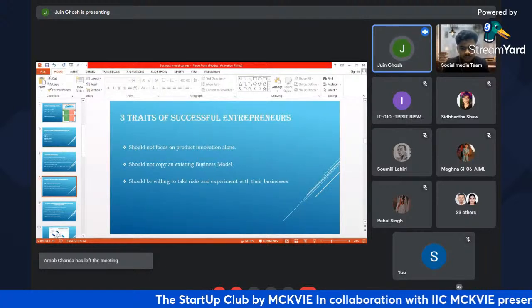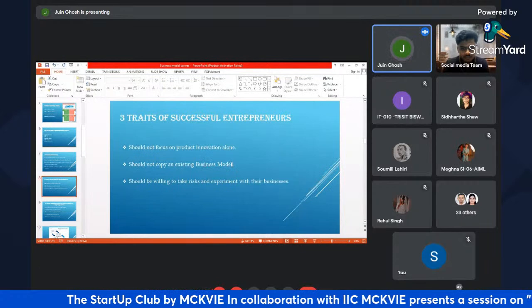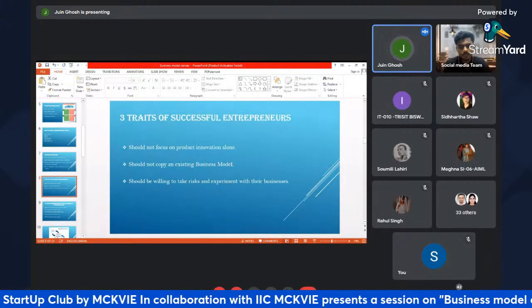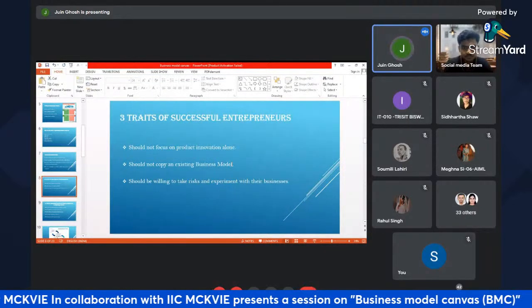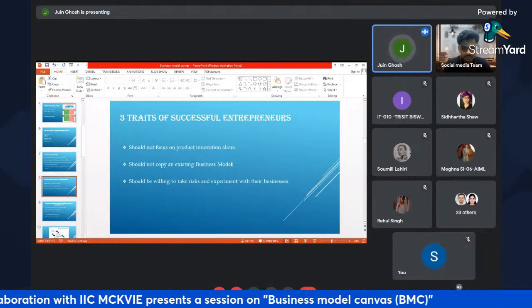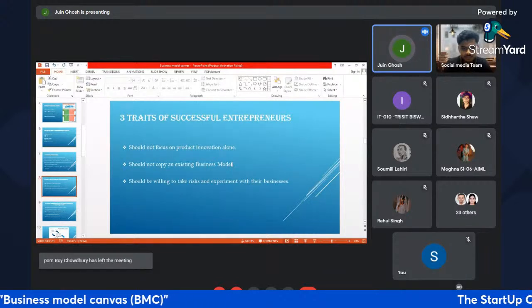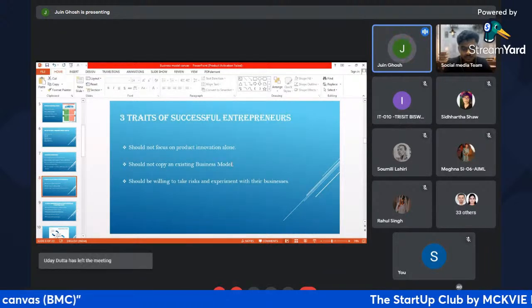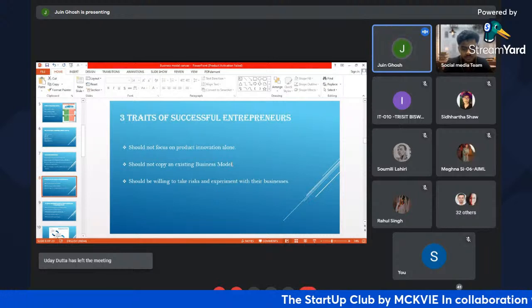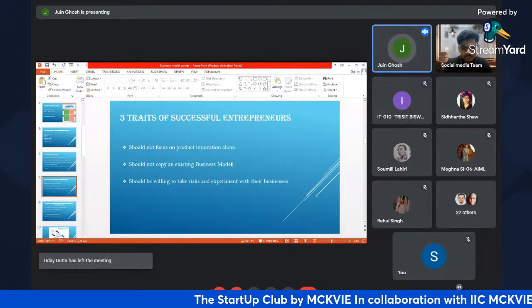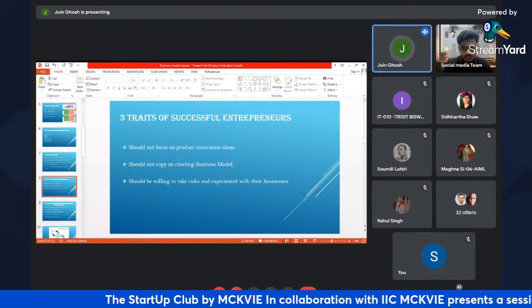It should not copy an existing business model, because a business model is unique for each and every organization, regarding the size, regarding the nature of operation, regarding the characteristics of the products or service they are providing to their prospective customers. So they are unique. So it should not be a copied model.